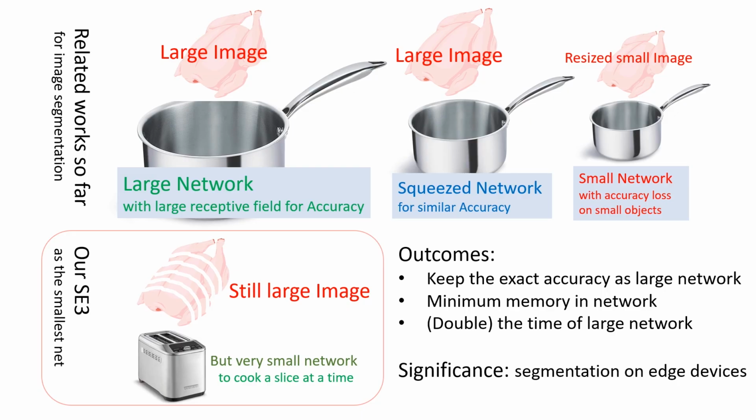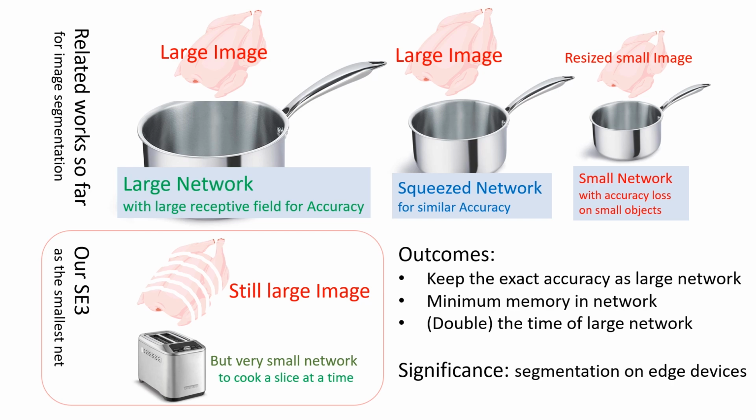If it is really a resource-limited case, we can reduce the images to small sizes. But in that case, although you fit into the network, the small objects will be hurt.